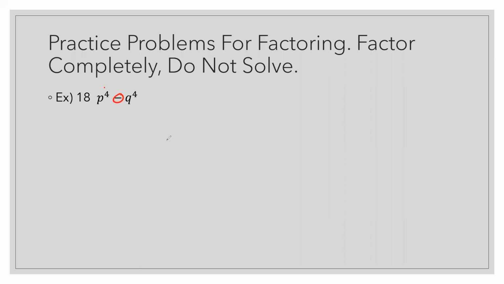So what is the difference of two squares? It's this rule. As you can see, our problem is on the left side, and we've got to make it look like the right. So what do you think our A value is going to be?